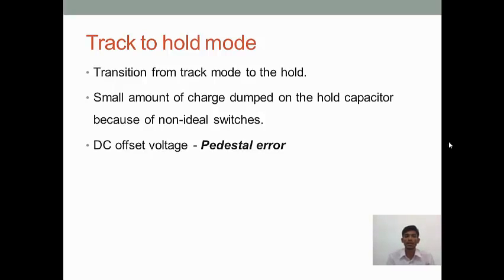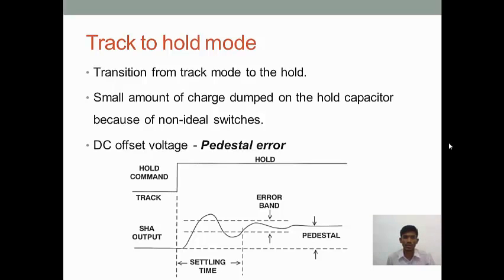They are not ideal. Even though we are using semiconductor switches, they have some internal construction properties, so they cannot act as ideal switches. So they produce some transients in the switching. Because of those transients, a DC voltage is produced during the charging of the capacitor. That is called the pedestal error.